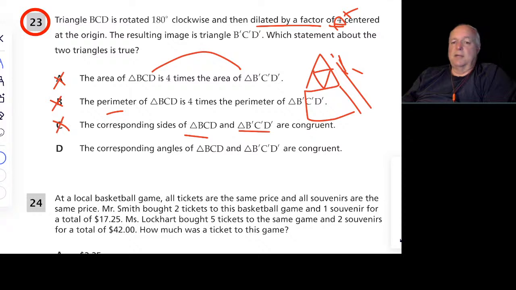If I take a triangle and create a similar triangle to it, making it 4 times as large, then this angle and this angle are going to be the same respective angles. So will this one and this one, and so will that one and that one. By dilating the triangle, you've created similar triangles, and similar triangles have congruent angles. So in that case, the answer would be D.